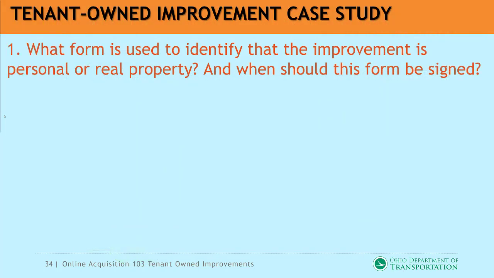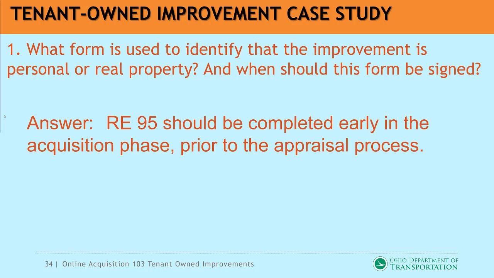What form is used to identify what the improvement is, personal or real property? And when should this form be used? The answer to that would be it's going to be an RE95, and it should be completed early in the acquisition process, prior to the appraisal process.